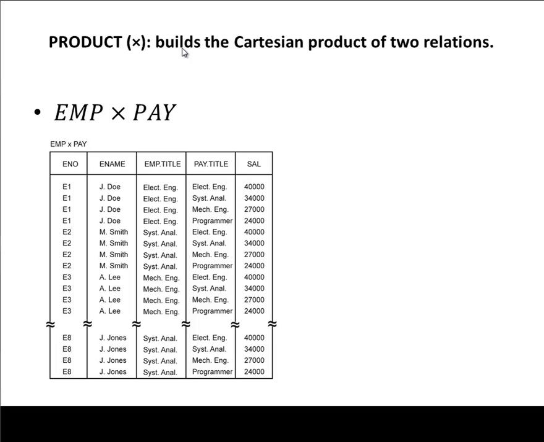In my earlier introduction, I showed how you can denote the cross product of two sets that were represented by domains of the two attributes. Here, for every employee represented in the employee data set, there were 8 of them, here's the first one, here's the second one, we're going to append to that tuple each tuple found in the pay relation.